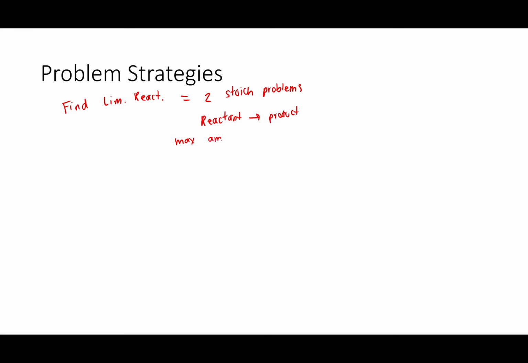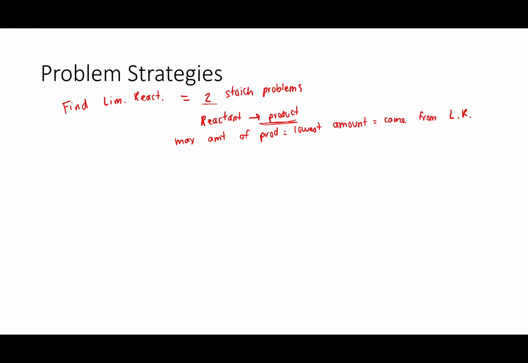Maximum amount of product is the lowest amount. And so this is where we make that connection that it came from your limiting reactant, okay? So a limiting reactant requires two stoichiometry problems. Your problem is going to give you two starting amounts of reactants, and you're going to say, oh, but I didn't know which one to start with. Trick question, you technically use both. Make sure that you are going to the same unit and compound of product. You cannot compare two different compounds to one another. It's impossible. They are completely different.